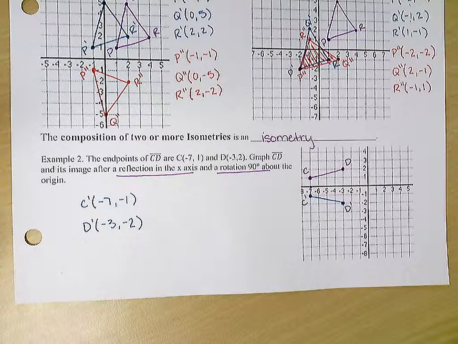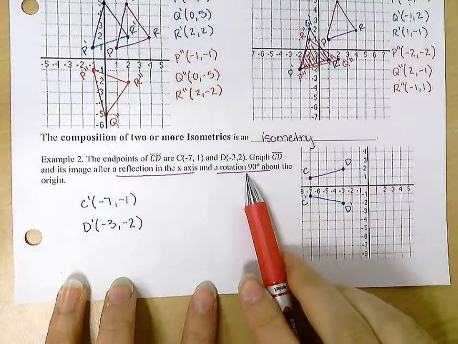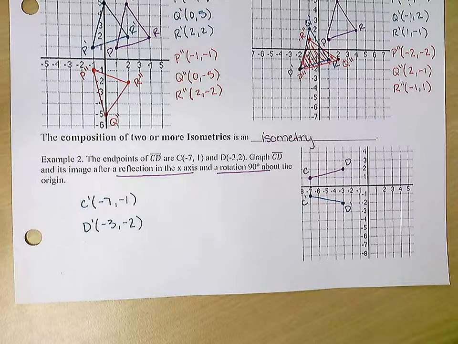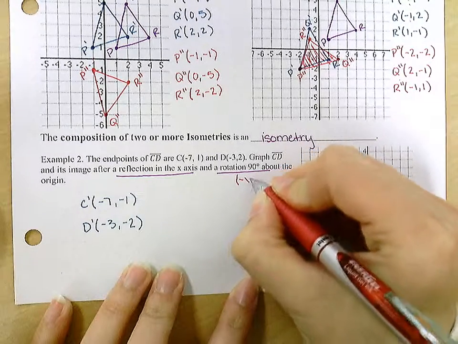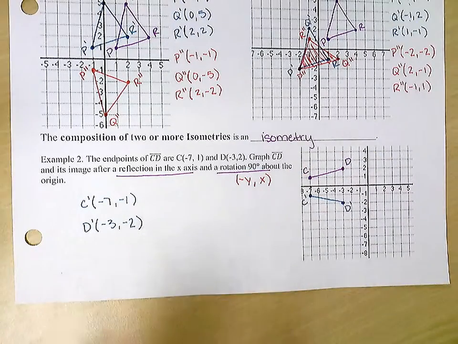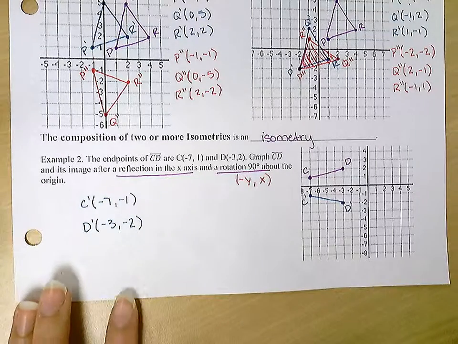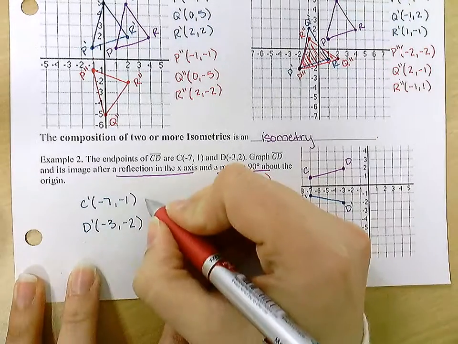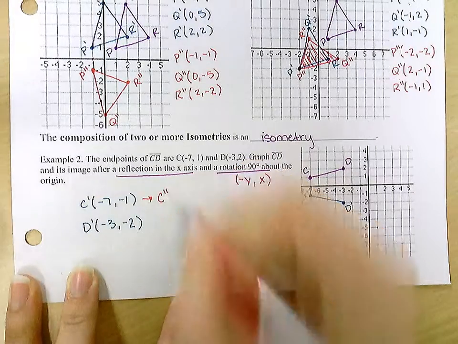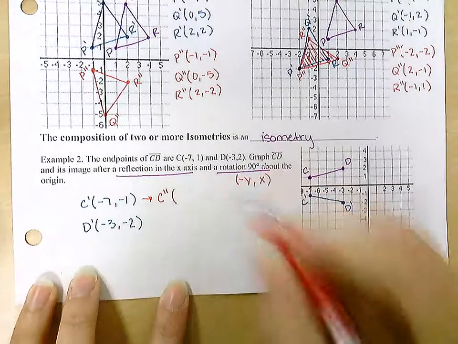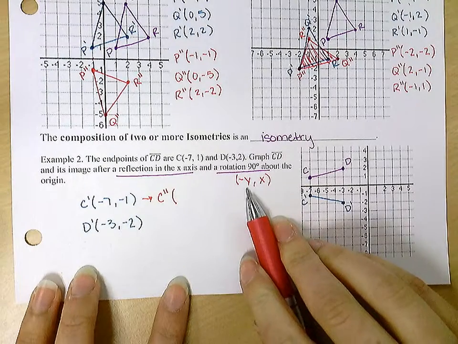Now I want to write out those prime coordinates so that it's easier to do this rotation for my second transformation. My second transformation here is a rotation 90 degrees about the origin. Well, we have rules for our rotations. The rule for 90 degrees is opposite of y, x. So that's the rule I want to use to change my two prime coordinates here. C prime to C double prime, I need to take the opposite of my y value.